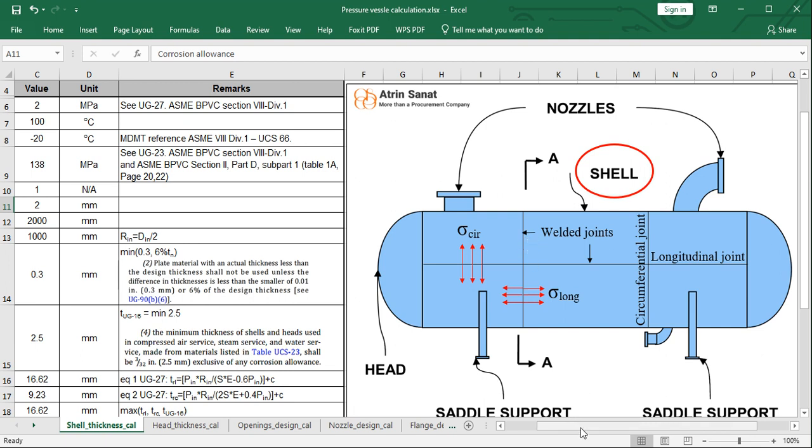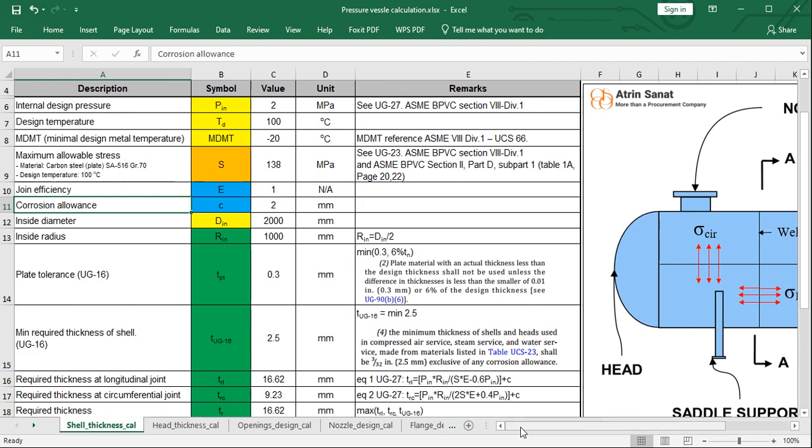Moreover, external factors like rainwater and oxidation can potentially corrode the outer surface. To account for this problem, we set the corrosion allowance for the calculation, and it equals 2 millimeters.